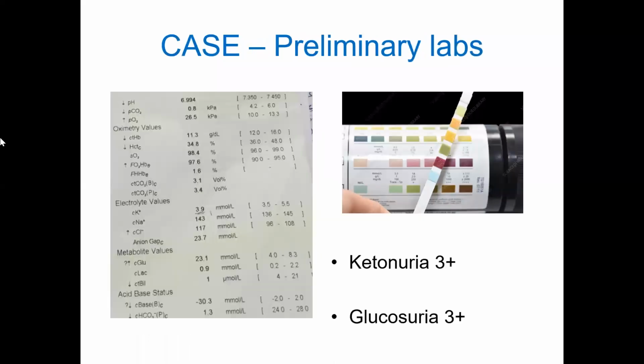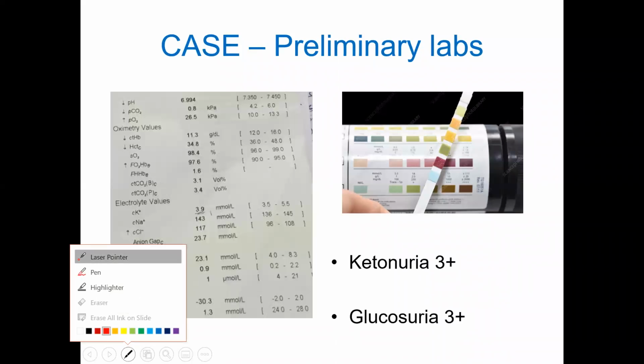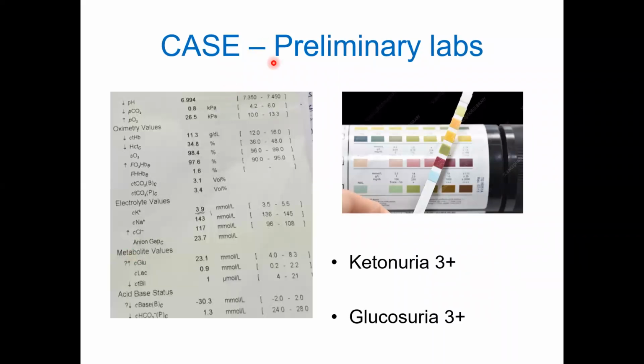So these are the preliminary laboratory results. Looking at the blood gas, the pH was found to be 6.9 with a PCO2 of 0.8, which was low. We also had a bicarbonate level of 1.3.